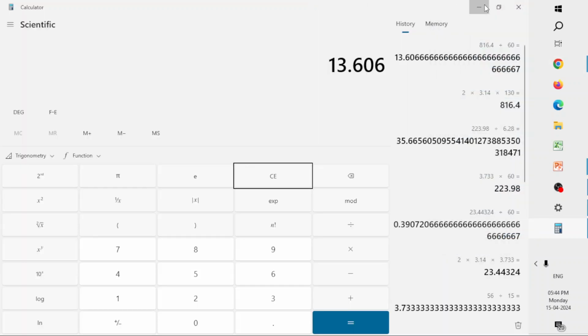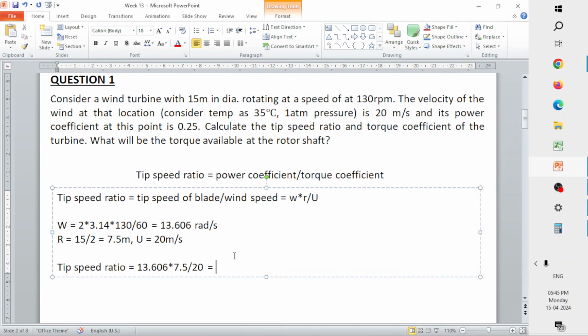Omega is your angular velocity. So omega will be 2 pi times that rotating speed, which is in RPM, divided by 60.